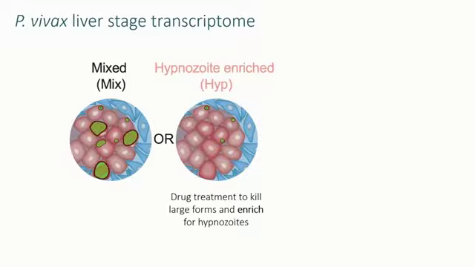We performed an RNA-seq on hypnozoite-enriched MPCC cultures on day 9 post-infection. Hypnozoite enrichment was achieved by treatment with a PI4K inhibitor in a radical cure mode and processed in parallel with an untreated culture, referred to here as a mixed population.